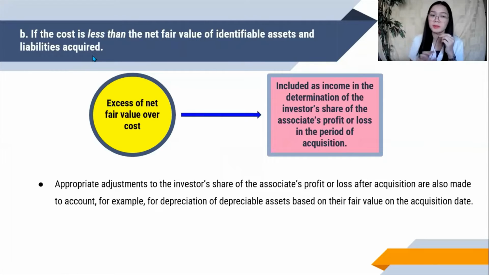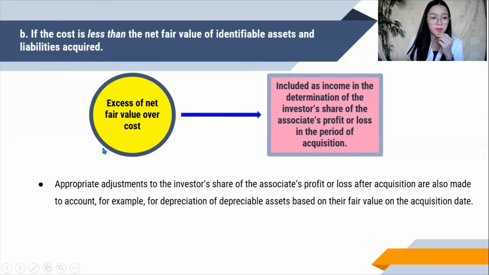Di ba lagi natin dapat pag-comparein is the cost or yung binayad natin and yung fair value nung share natin doon sa identifiable net assets ni investee. So, sa madaling salita nito, parang nakamura tayo. Or mababa yung pagkakabili natin sa identifiable net assets ni investee.